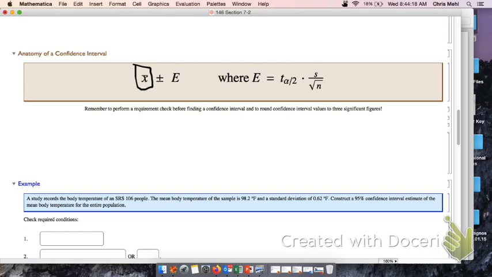However, every estimate comes along with a certain amount of error.